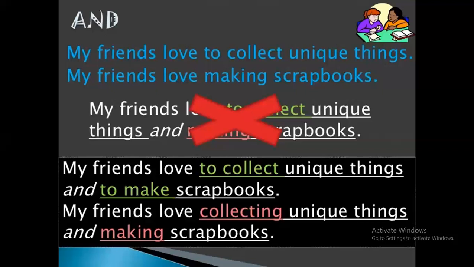Now, one more thing, when you join sentences using these conjunctions. My friends love to collect unique things. My friends love making scrapbooks. Now, in this sentence, the first example shows you, my friends love to collect unique things and making scrapbooks.